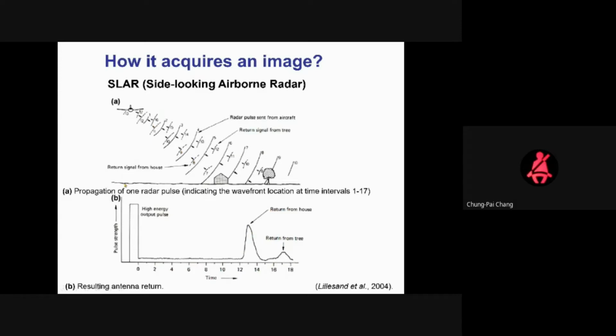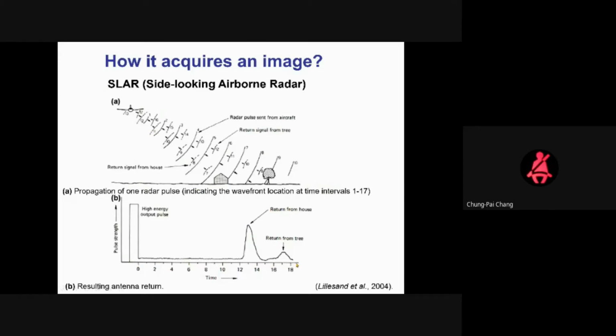Along the ranging direction, the signal touches the near land surface and returns to the aircraft earlier than from the far-range area. So along the range direction, you have a time delay from the near range to the far range.